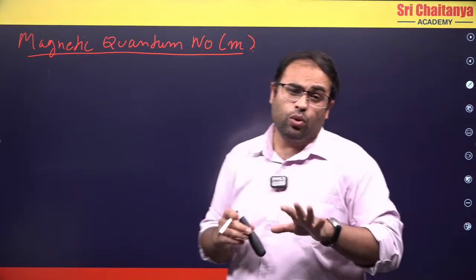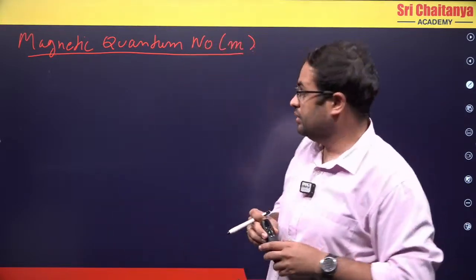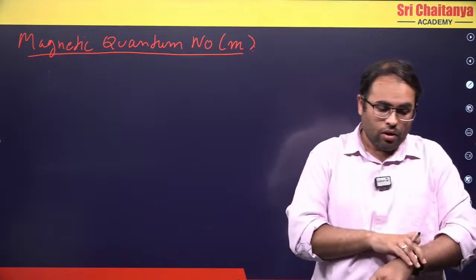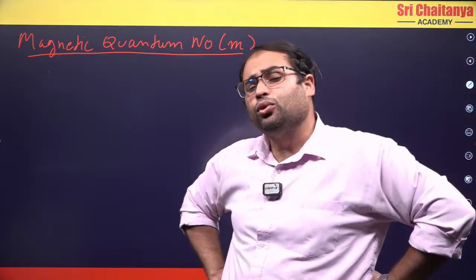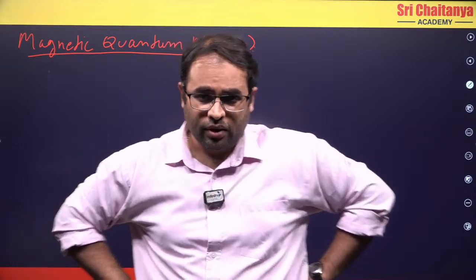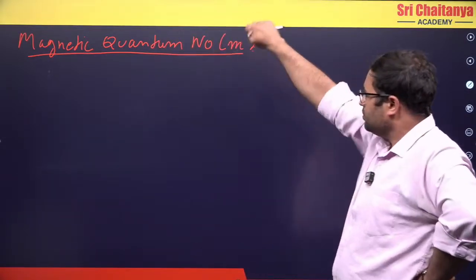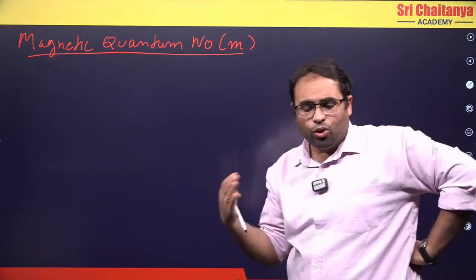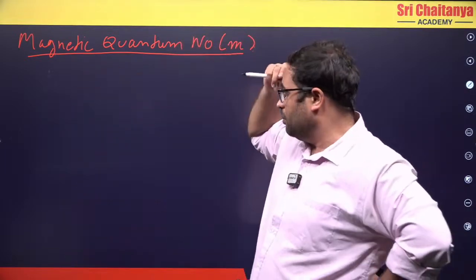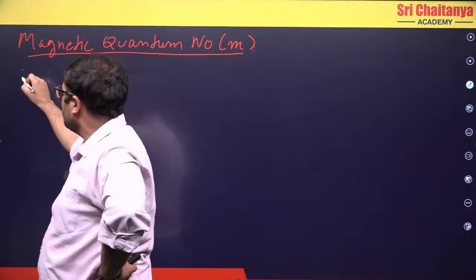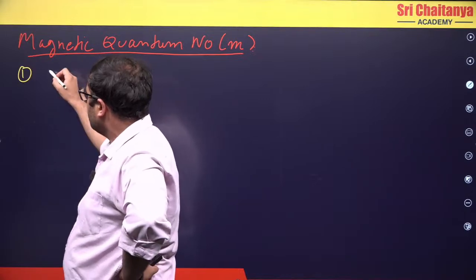Now, why this word magnetic? Understand that if you do not have a magnet, then you will not be able to see the effect of this quantum number. Just write down the points first and then we will discuss.